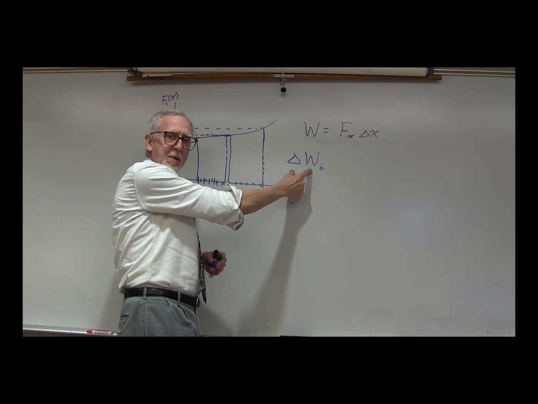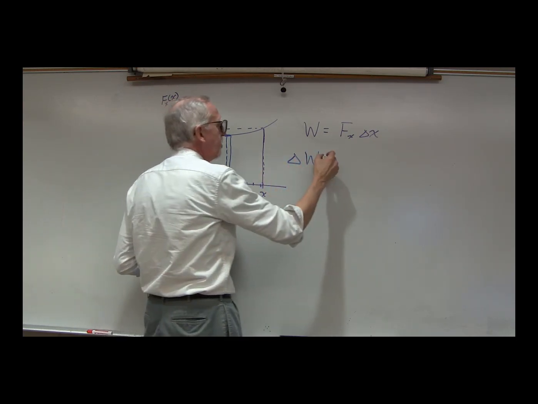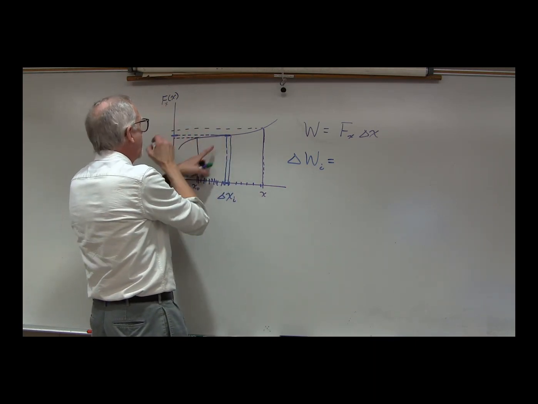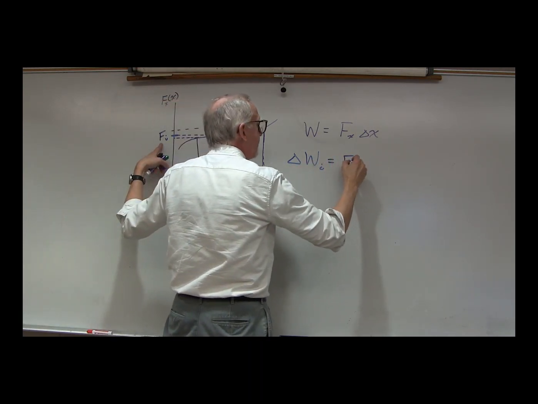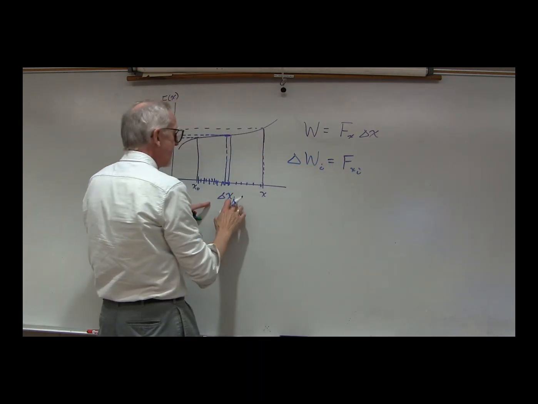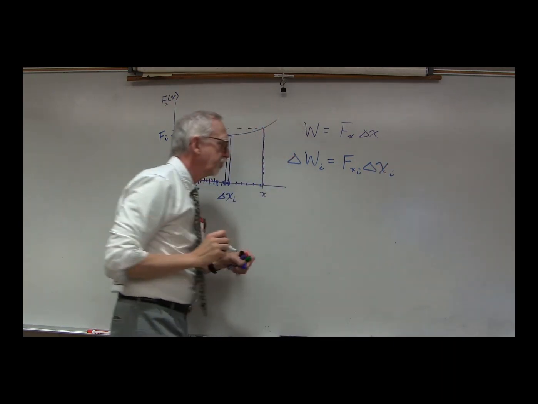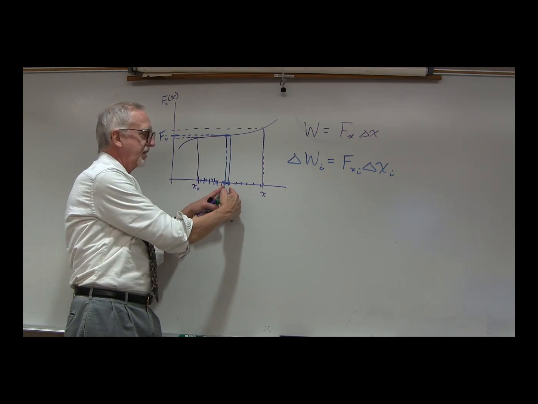The small amount of work done over the ith displacement will be equal to whatever that force is at that point, maybe we can call this F sub x i, times delta x i. So that will be the small amount of work done over that little displacement.